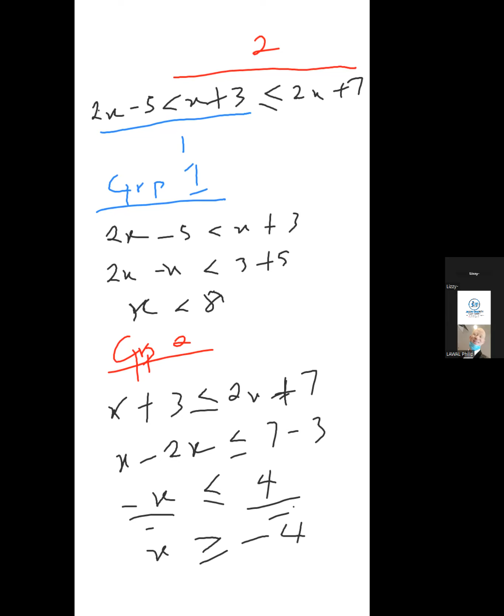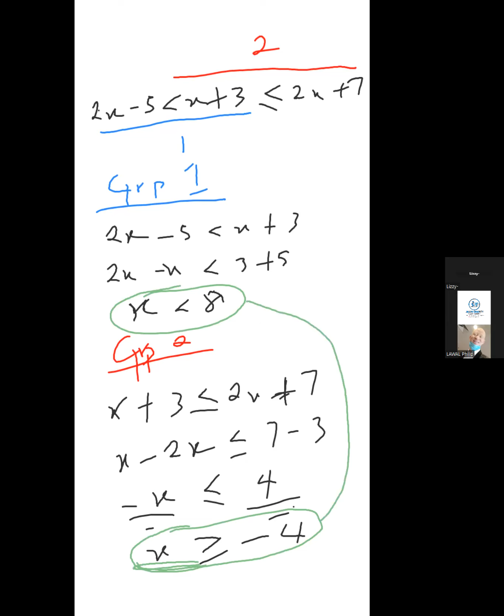You can see that now. So at the end of the day, I want to combine this answer and the answer that I've wrapped in green. I need to combine them as one. In order to combine them as one, I just want to take this away here. So, okay.